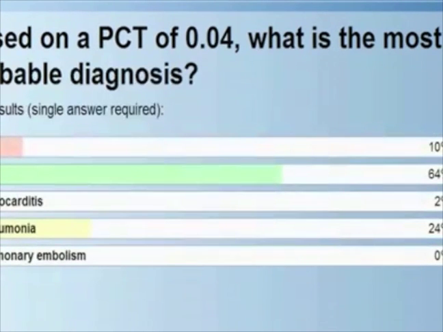So we can see by the results of the poll that the vast majority of people found that this could be congestive heart failure, possibly acute myocardial infarction, but still a quarter of the viewing audience believes that this might represent a pneumonia. I would say that this is possible. However, the probability of this would be very low, given the very, very low procalcitonin level.